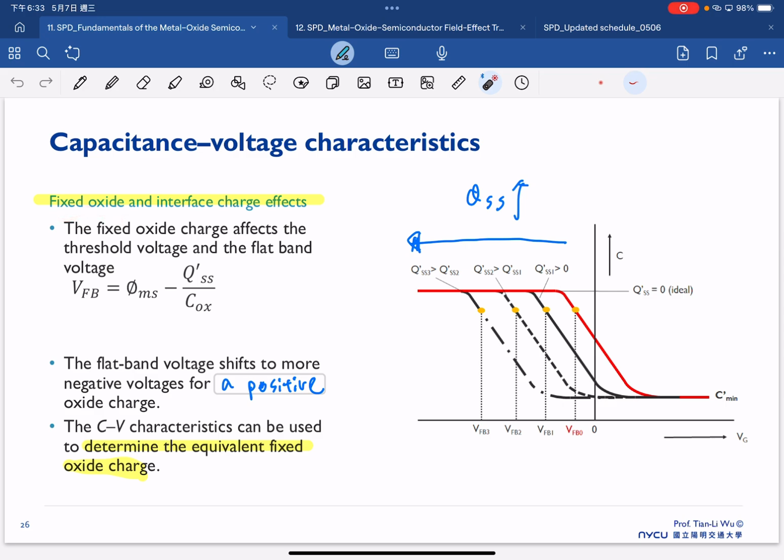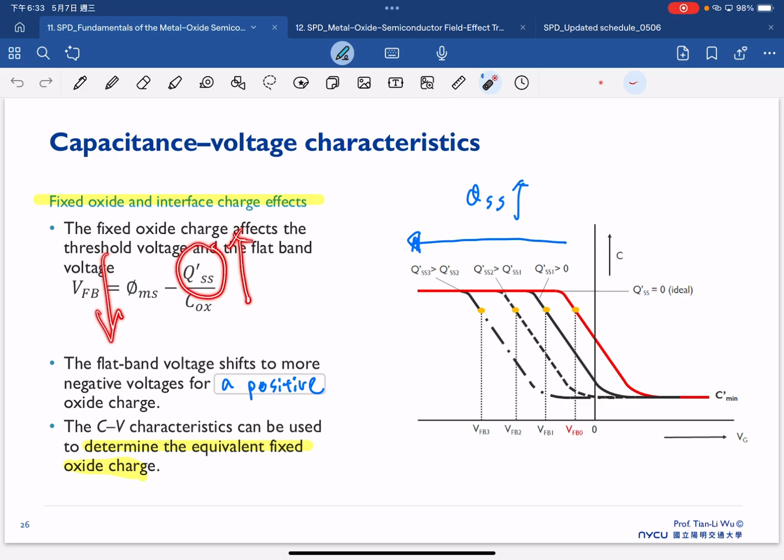We can see from the CV curve that the CV is shifting to the left, and based on the flat band voltage equation, we can realize that an increase of QSS causes a decrease of the flat band voltage.